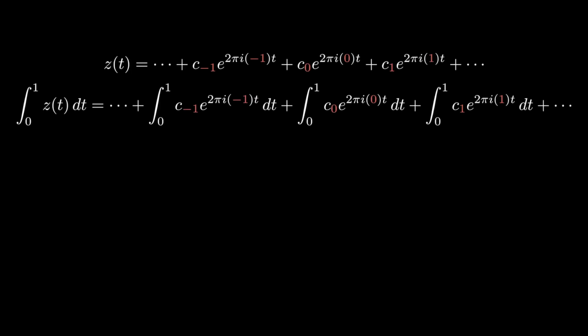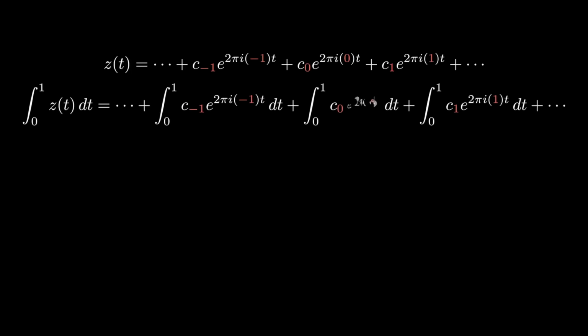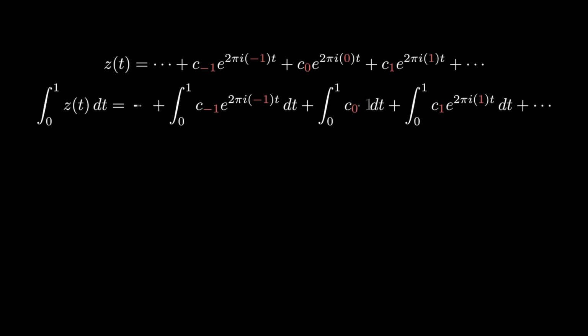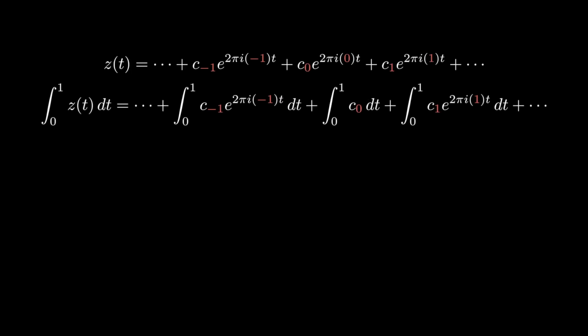With the exception of the n equals 0 term, every term on the right-hand side of this equation is an integral of a vector that rotates an integer number of cycles in 1 unit of time. For example, the n equals 1 term represents a vector that undergoes 1 complete rotation in 1 unit of time.